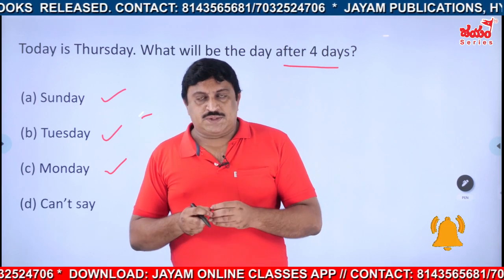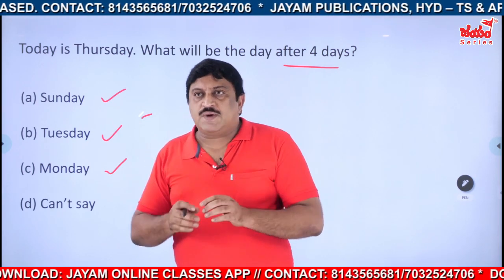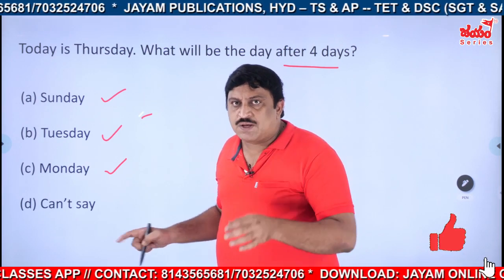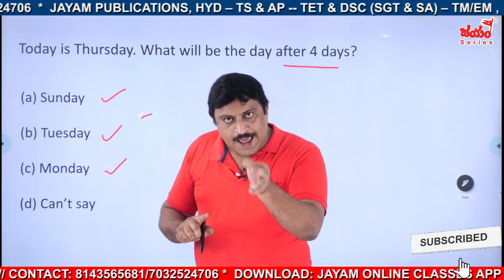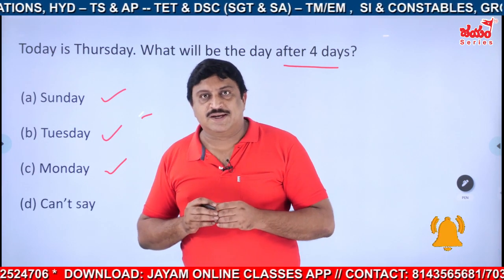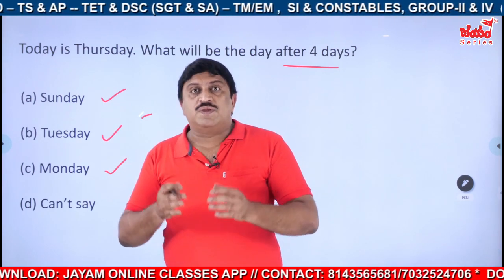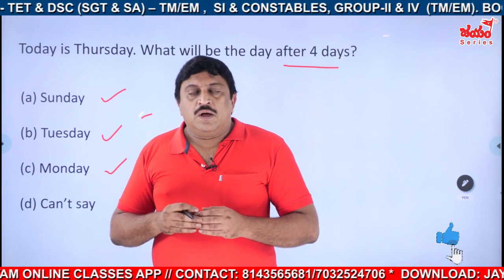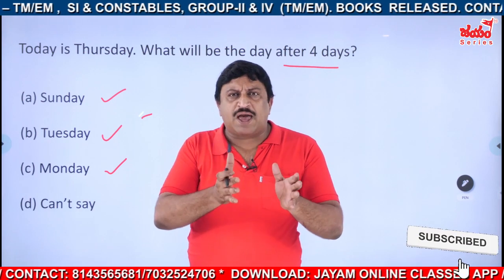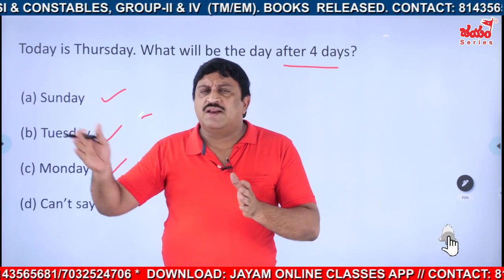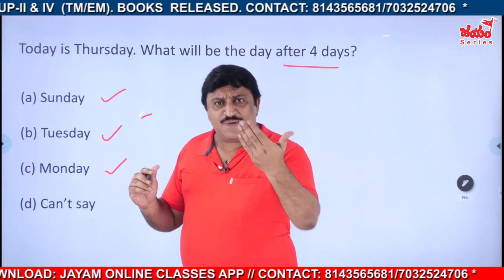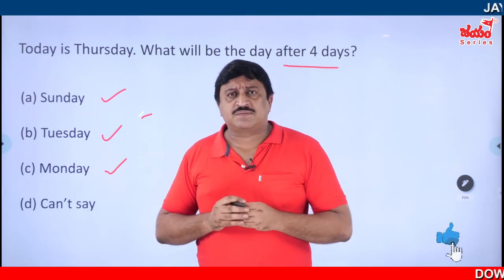These types of questions are framed in such a way that even in the options, you will have the nearest answers also: the perfect, accurate answer and the nearest answers, plus 1, minus 1, like that. This is the problem with the calendars. In general arithmetic, you come across some calculation, and the options won't be that near to the answer. But here, it is just plus 1 day or minus 1 day.